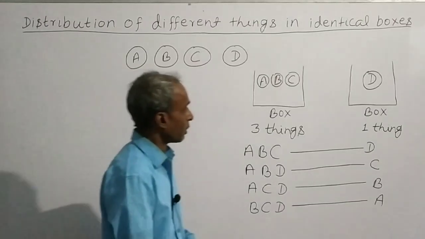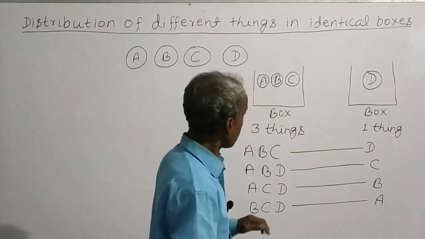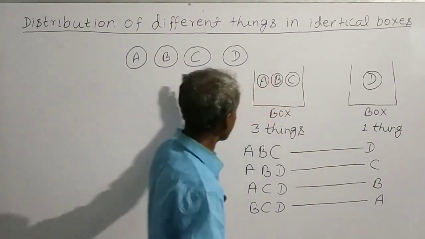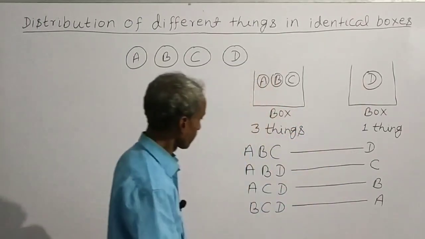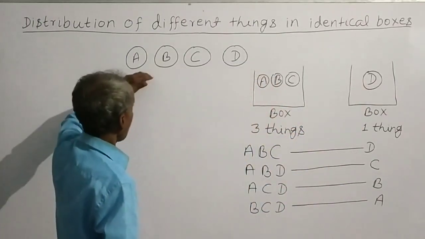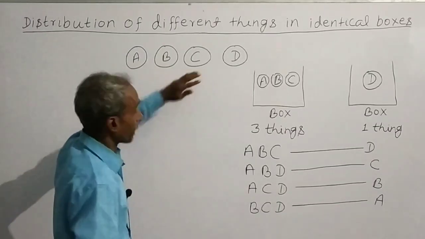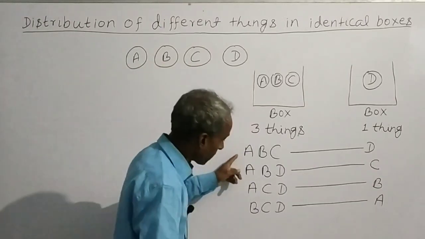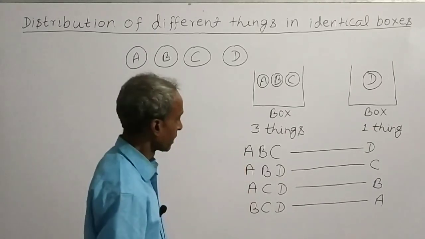Now, keeping these facts in view, in how many different ways can we distribute these 4 balls among these 2 boxes? Out of these 4 balls, a combination of 3 balls can be made in 4 ways.